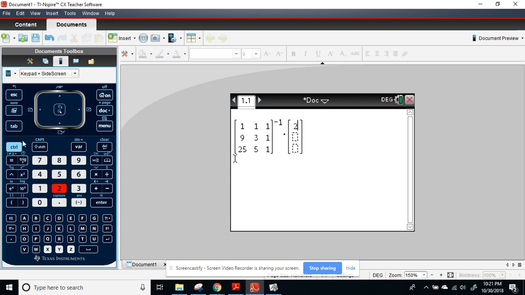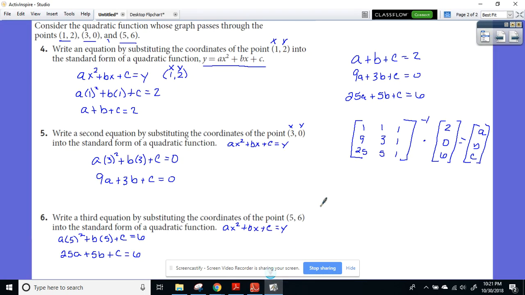So I needed 2 tab 0 tab 6. Press enter. That means my A value is 1, my B value is -5, and my C value is 6. 1, -5, 6. A is 1, B, -5, C is 6.